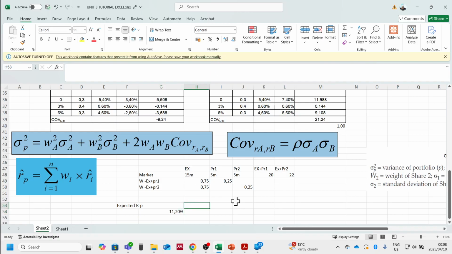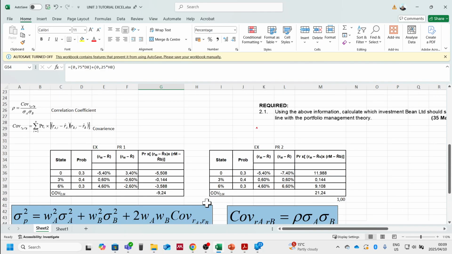This then gives us a total expected return of our entire portfolio, which is for existing plus project one. So this is to say that the entire portfolio return when we accept project one is going to be 11.2%.